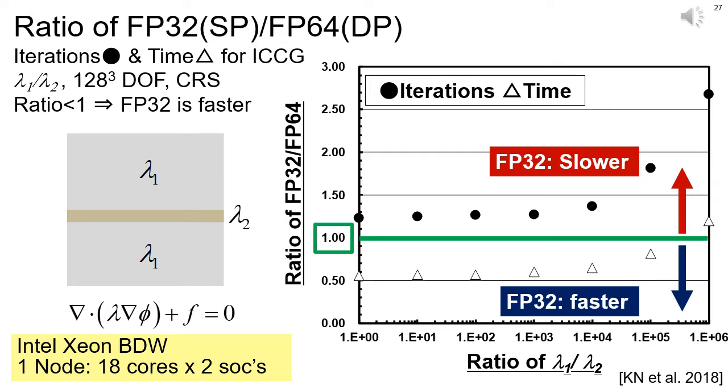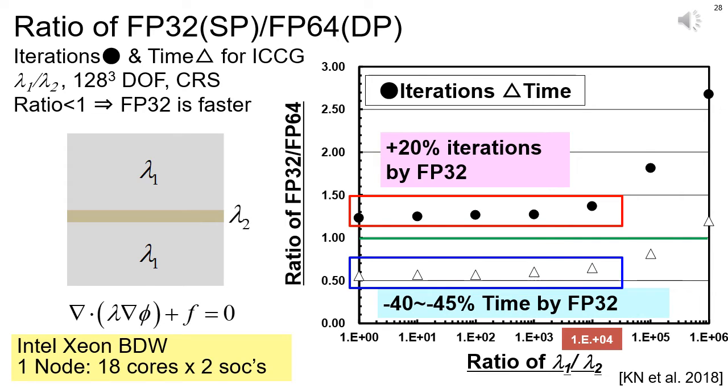If the FP32-FP64 ratio is less than 1, FP32 is faster. If the Lambda 1 Lambda 2 ratio is less than 10,000, application of FP32 increases number of iterations by 20%, and it decreases computation time by 40 to 45%.